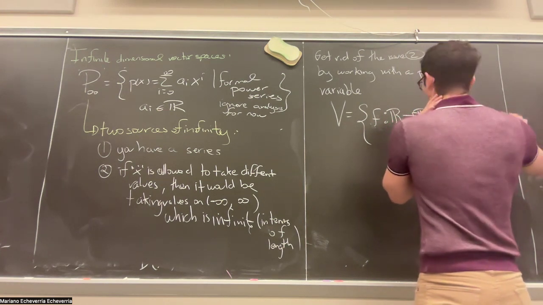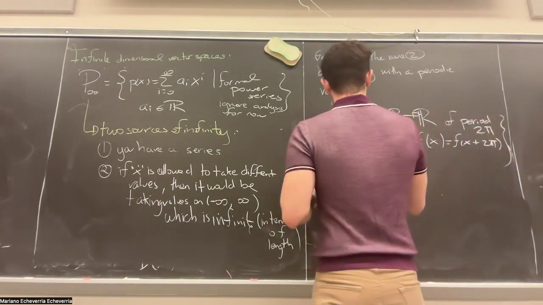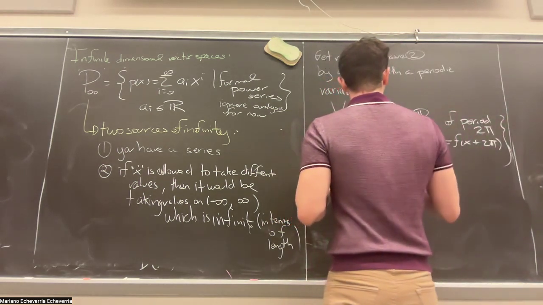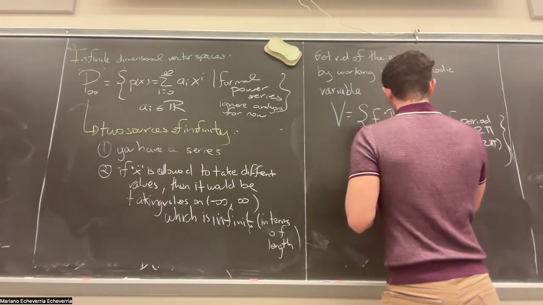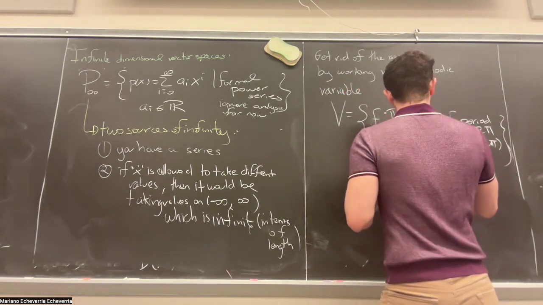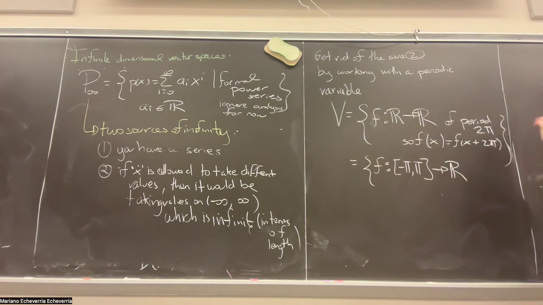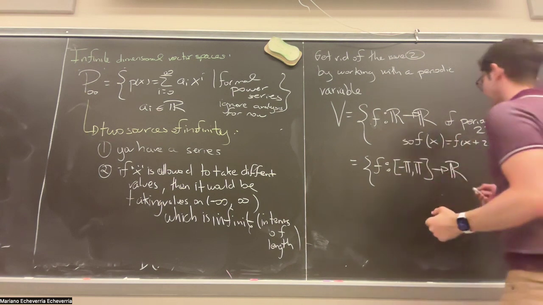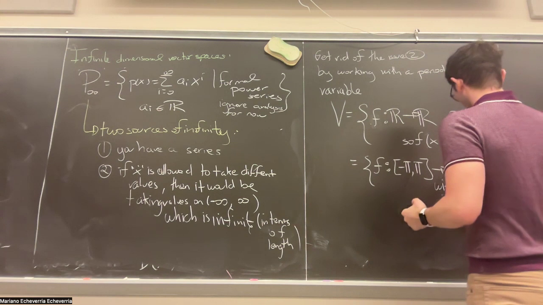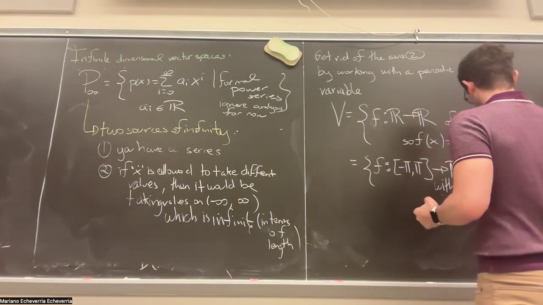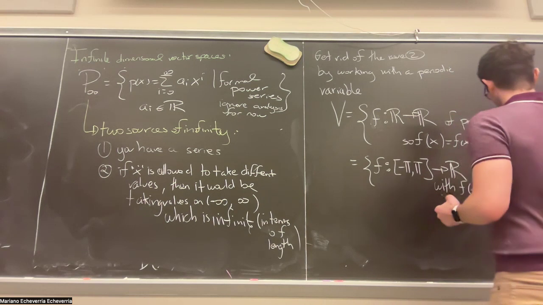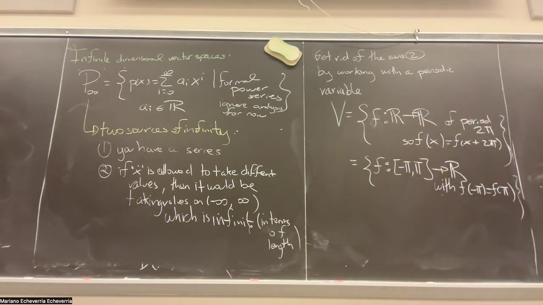So I will think of them as functions defined on the interval negative pi to pi, and the periodicity will be imposed by asking the value at negative pi to agree with the value at pi. So you can go back and forth between both ways of thinking about it.